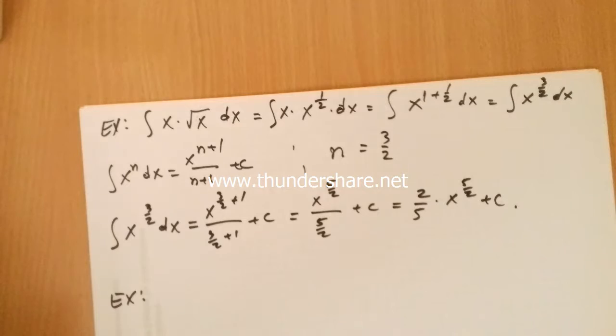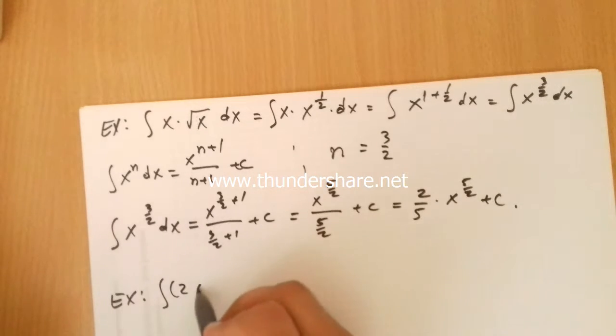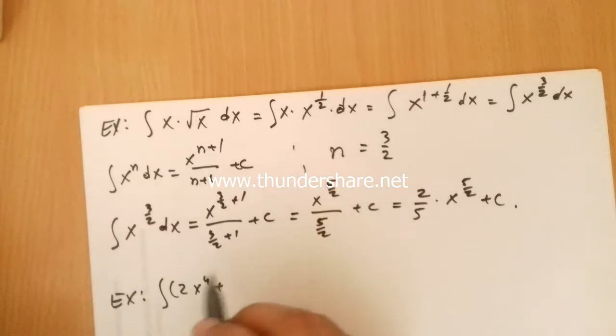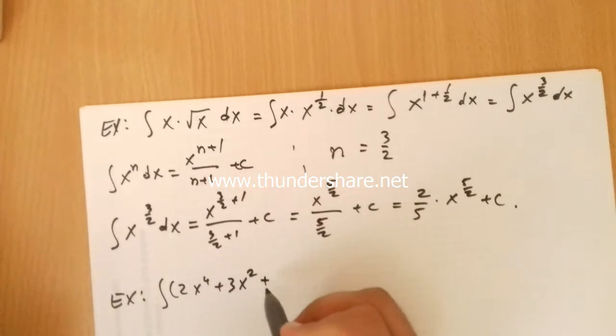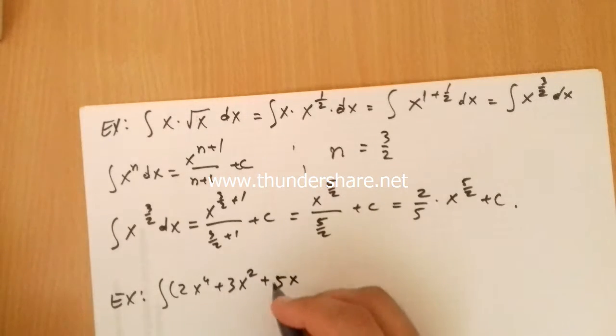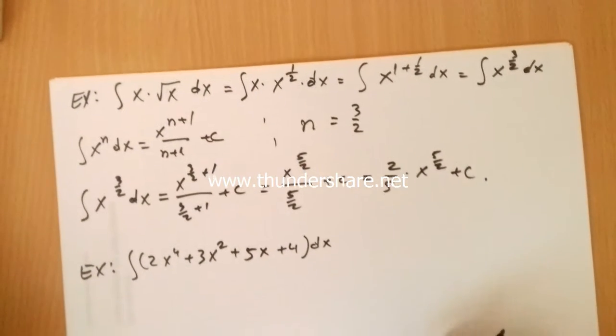The next example, maybe we can do the integral of 2x to the power 4 plus 3x squared plus 5x plus 4 dx.